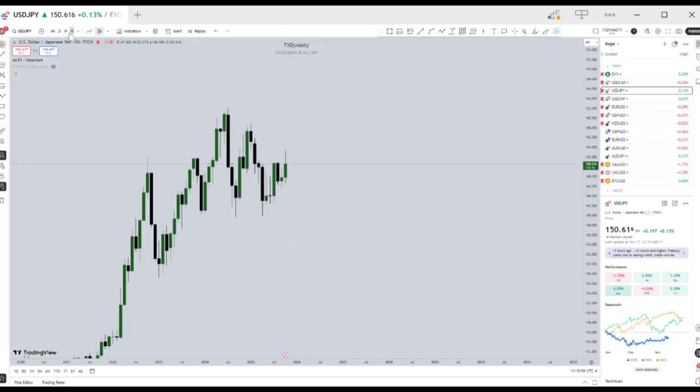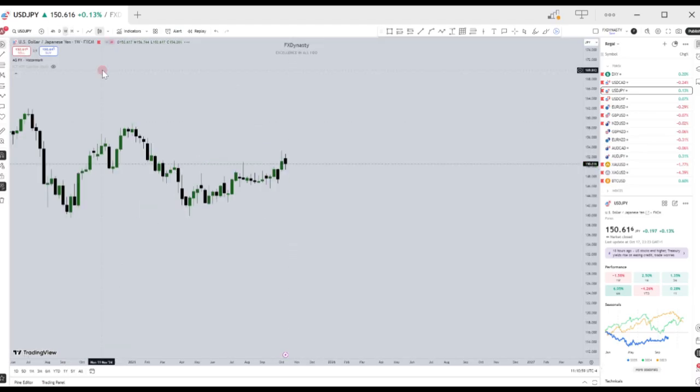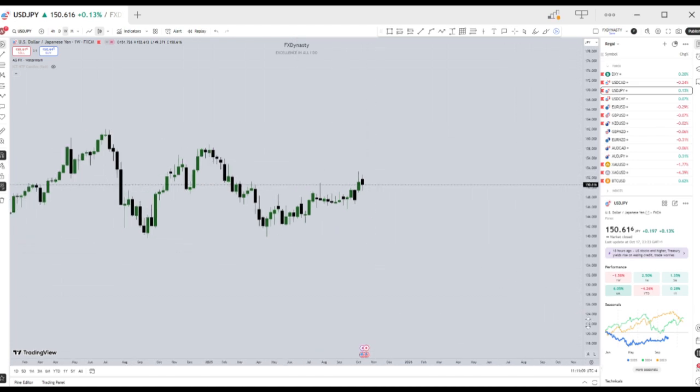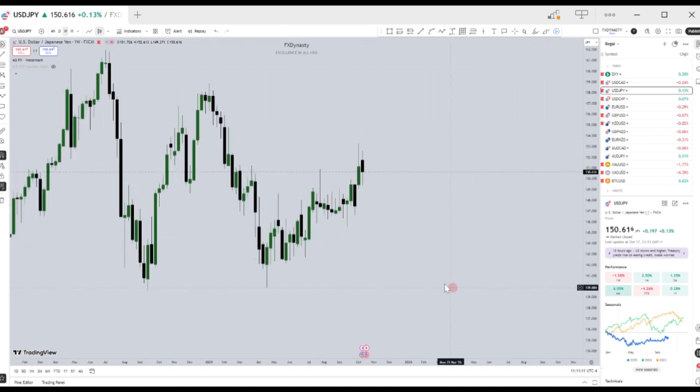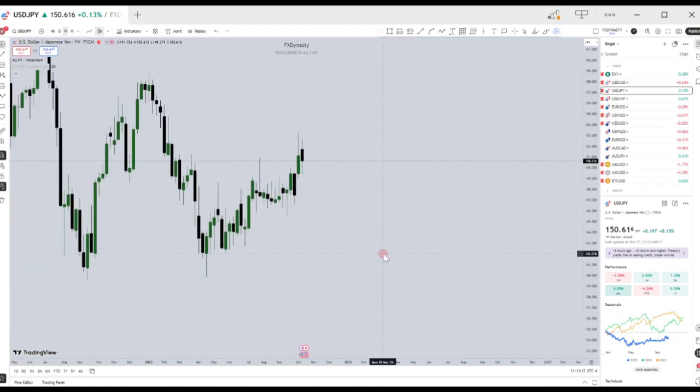So let's go down to the weekly time frame. The weekly time frame, if we are going to continue pushing down, the weekly time frame will tell us, or if we are going to continue pushing higher, the weekly time frame and the daily time frame is going to tell us what we are going to expect.